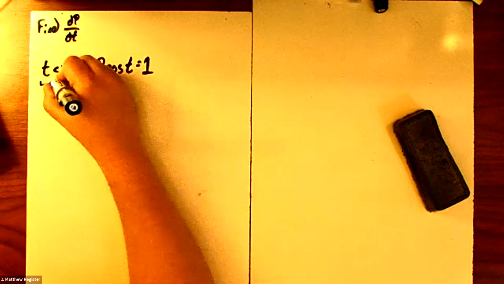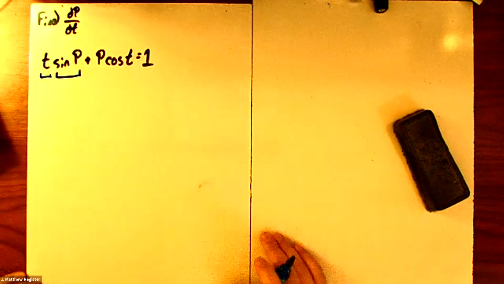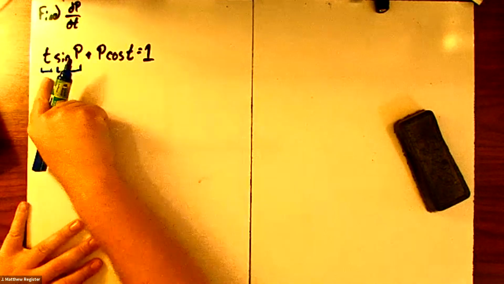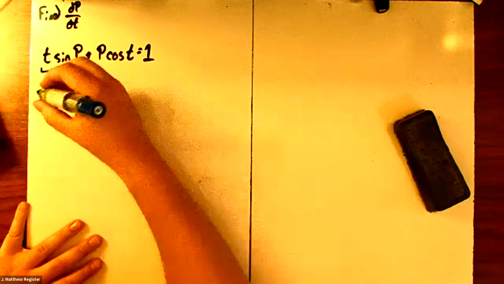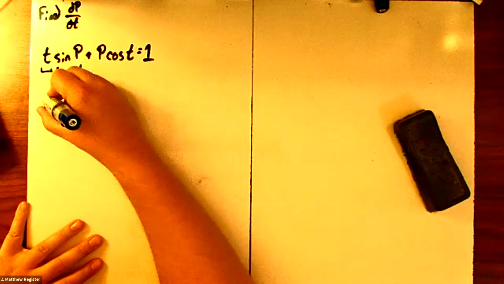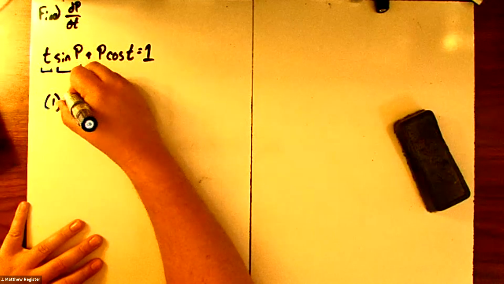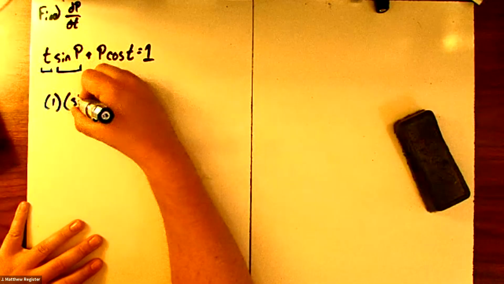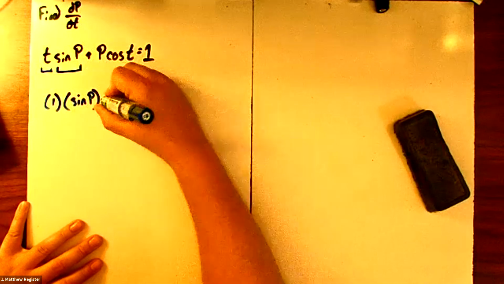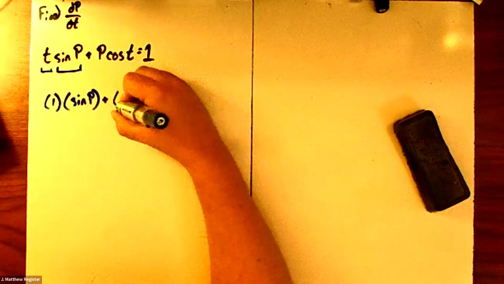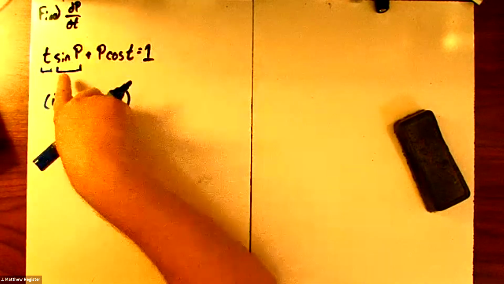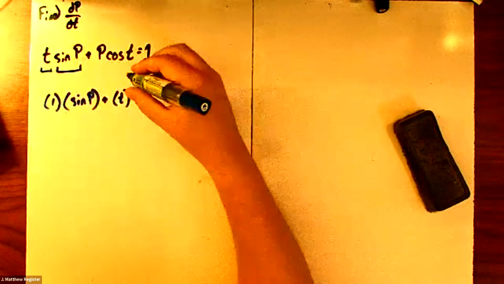Notice, though, that each of these is a product, which means we have to use the product rule. And so the derivative of t with respect to t would just be 1 times sine of p, plus t times the derivative of sine, which would be cosine.